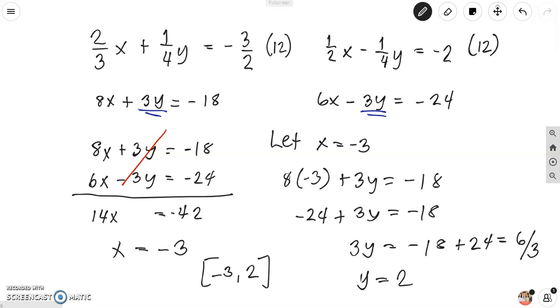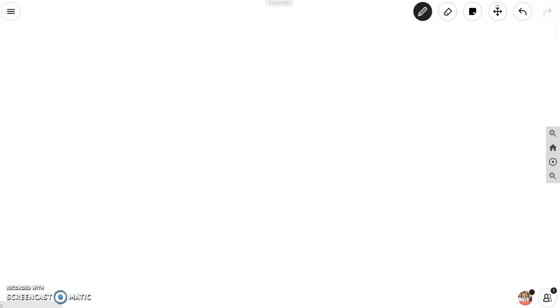Okay. Let's check if our answer is correct. Let's go to the original equation. We're checking: 2 over 3x plus 1 over 4y equals negative 3 over 2.